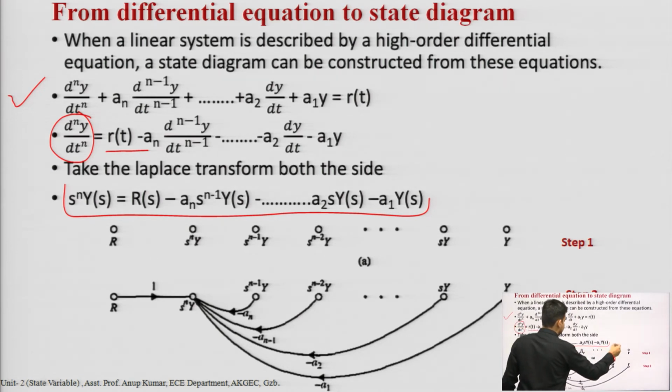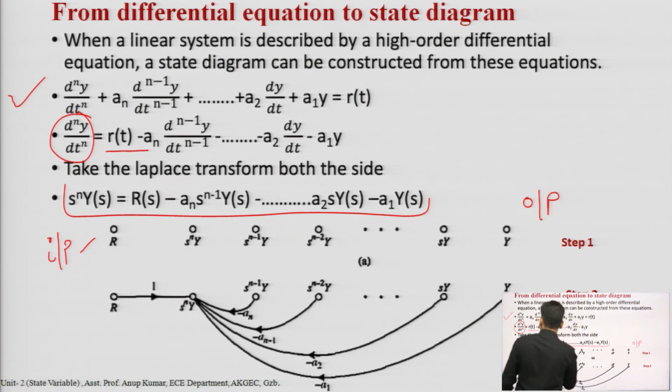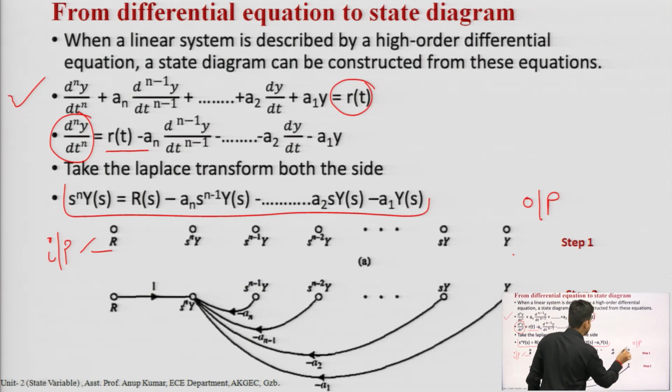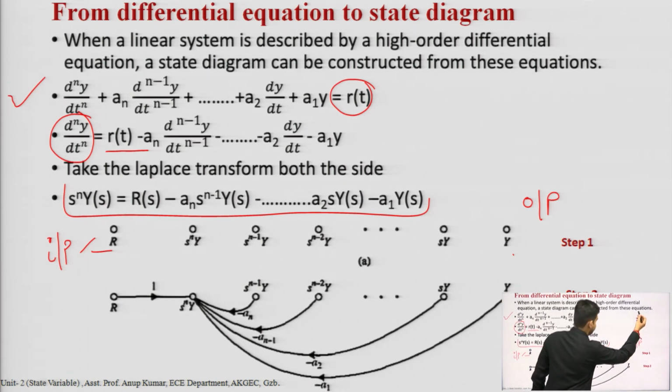I have to create the number of nodes. First node corresponding to the input, last node corresponding to the output. Input here is r(t), so I am assuming r as my input node, output is y, so I am assuming y as the output node.